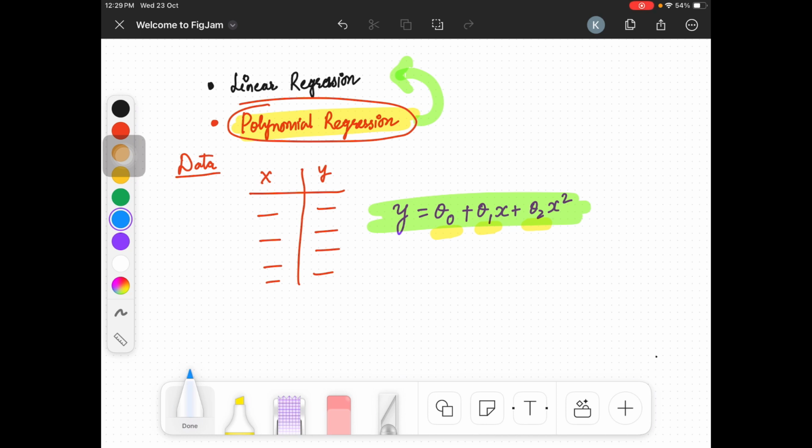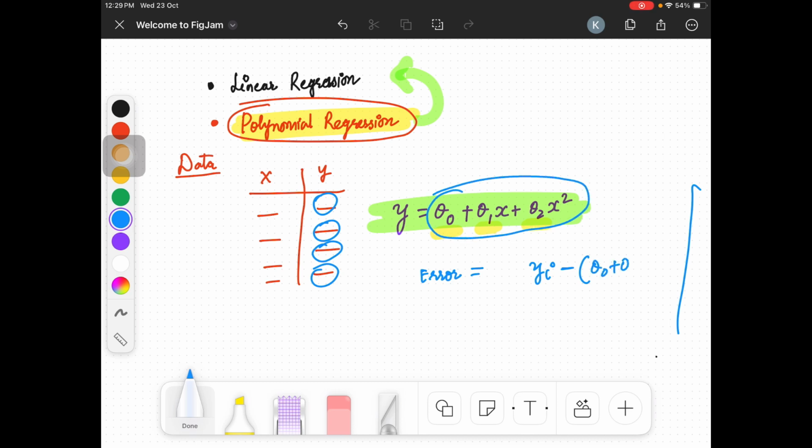So what you have to do here is write your error function. What was our error function? yi is your exact value for each instance, and for that yi, this is what you are predicting: theta naught plus theta 1 xi plus theta 2 xi square.